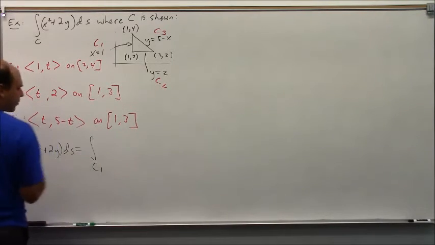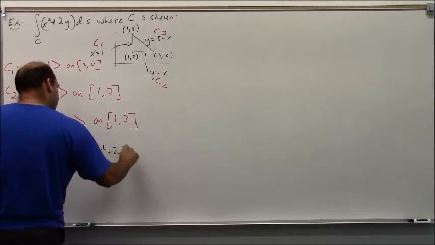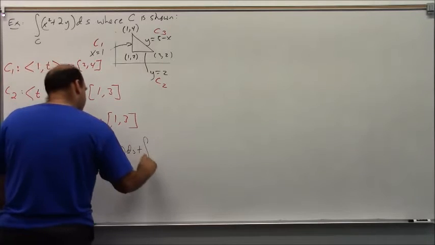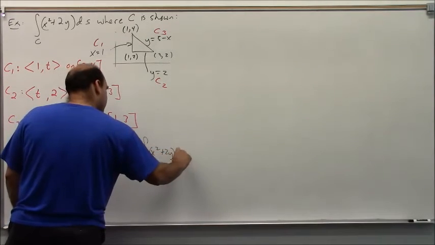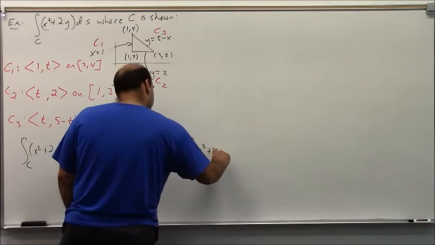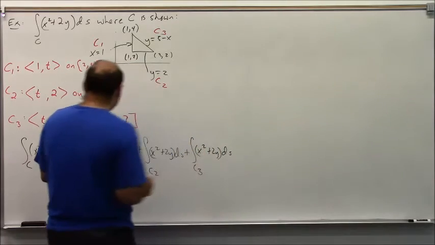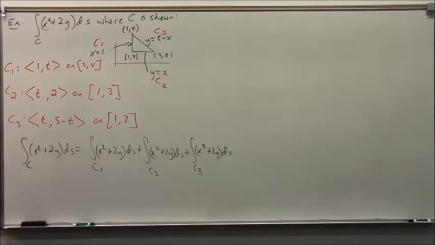So I have the integral over C1 of x squared plus 2y ds, plus the path integral over C2 of x squared plus 2y ds, plus the path integral over C3 of x squared plus 2y ds. And I'm hoping that now you have enough to work with here where you can pause the video, run through that, and come out with what I'm about to come out with.